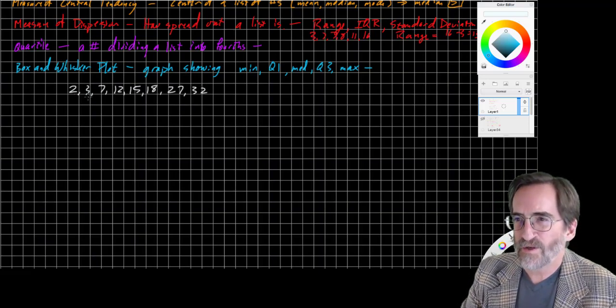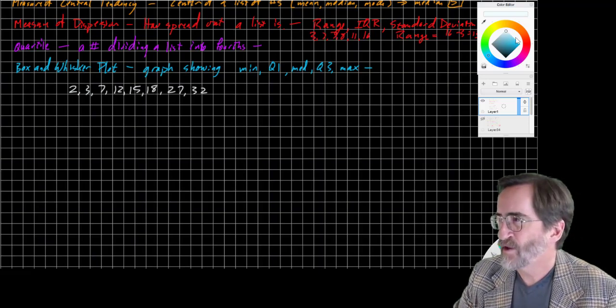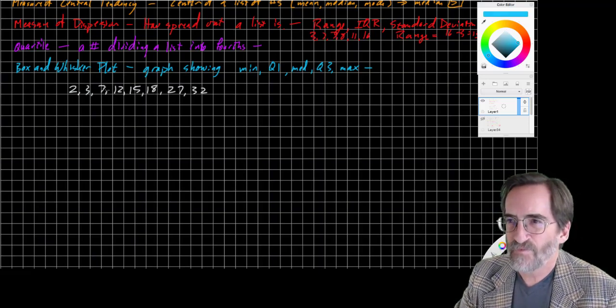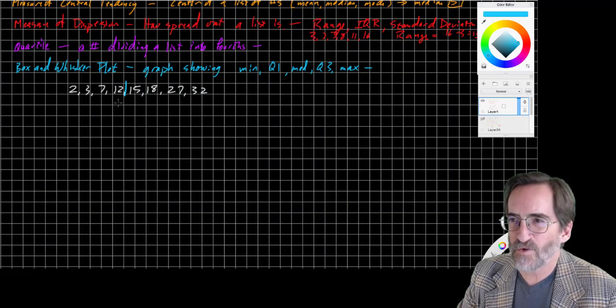There are 8 numbers. So to find the middle, I'm going to count off 1, 2, 3, 4. 1, 2, 3, 4. The middle is halfway between 12 and 15, so we find the median. 12 plus 15 is 27, divided by 2 is 13.5. That's the median.